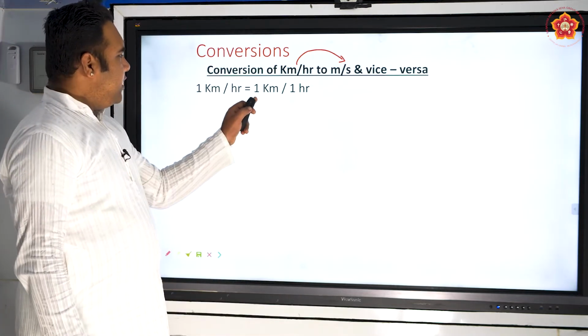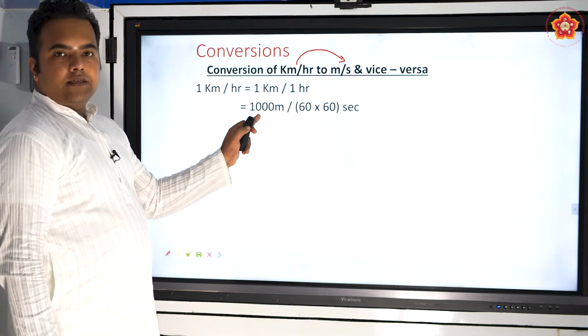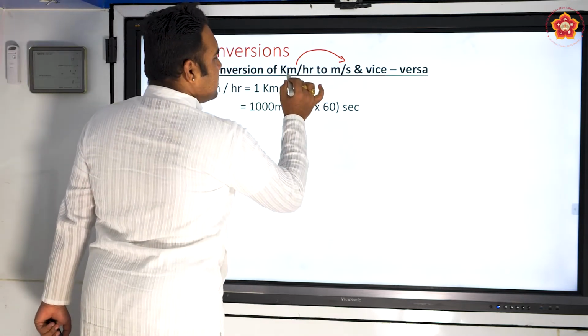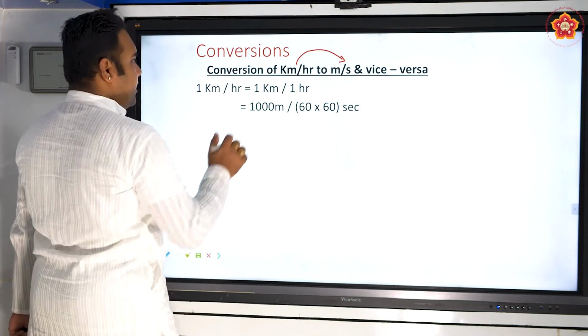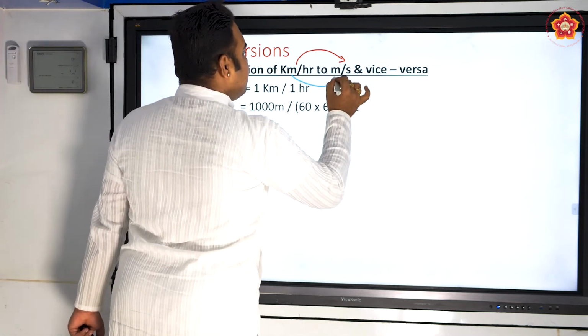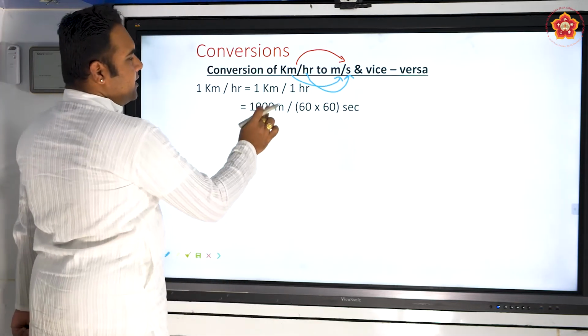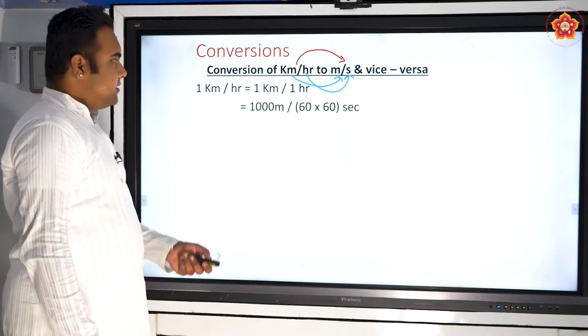1 kilometer per hour is 1 kilometer divided by 1 hour. 1 kilometer is 1000 meters, so I have converted kilometers to meters. This hour I need to convert to seconds. 1 hour is 60 into 60, 3600 seconds.